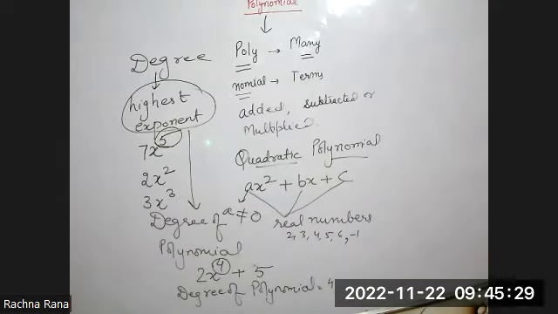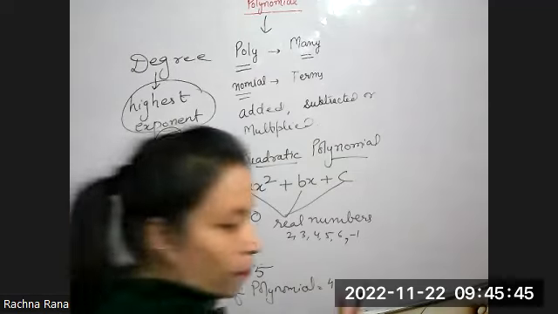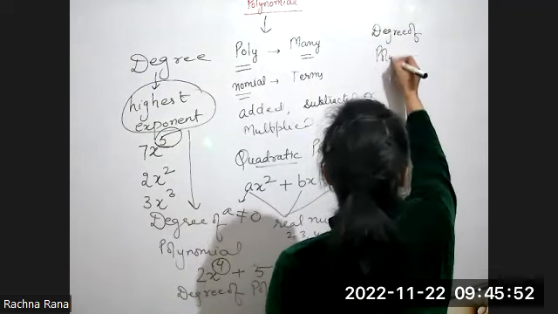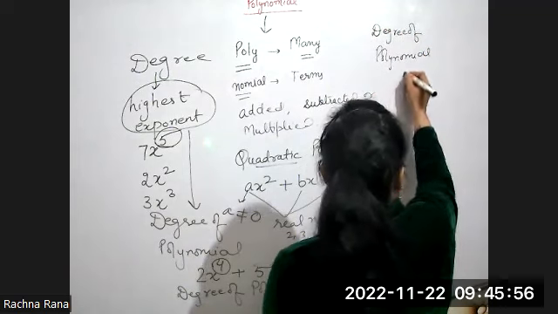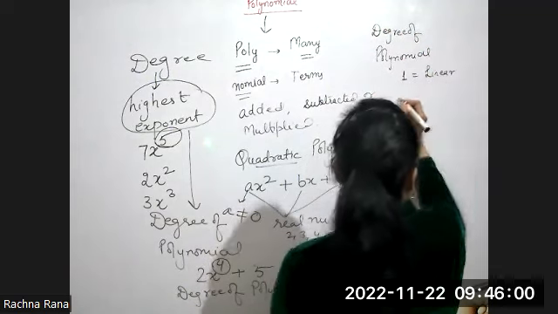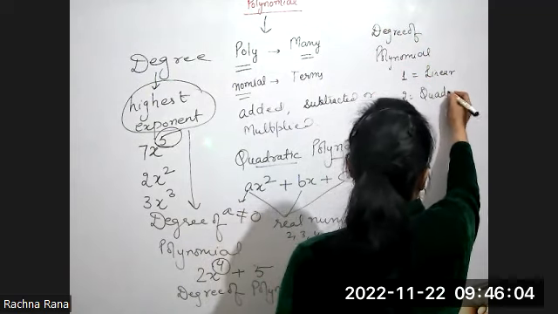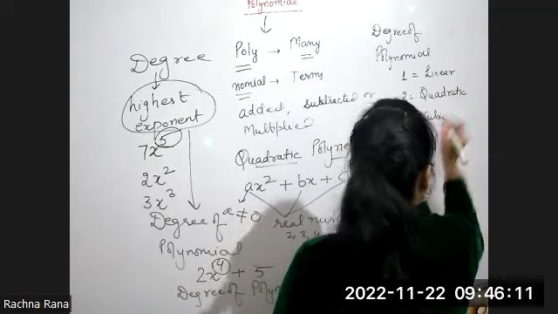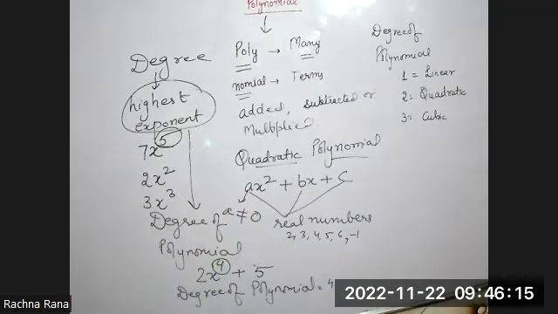Now next point is, polynomials of degrees 1, 2 and 3 are called linear, quadratic and cubic polynomials. When the degree of the polynomial is 1, we say it is a linear polynomial.